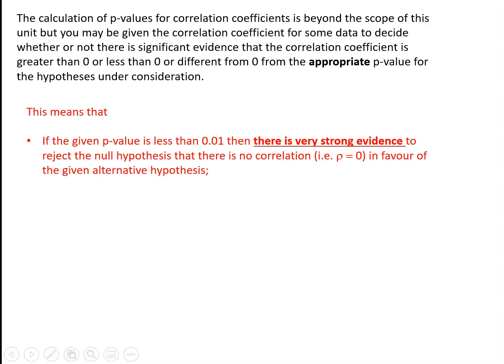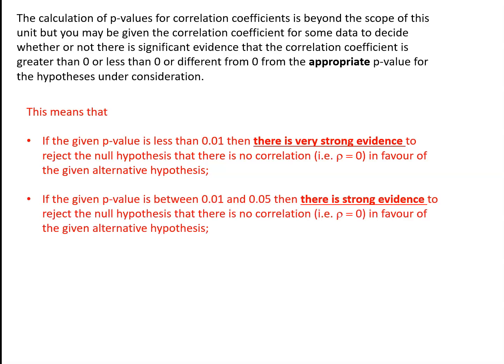So this means that if the given p-value is less than 0.01, then there is very strong evidence to reject the null hypothesis that there is no correlation in favour of the given alternative hypothesis.